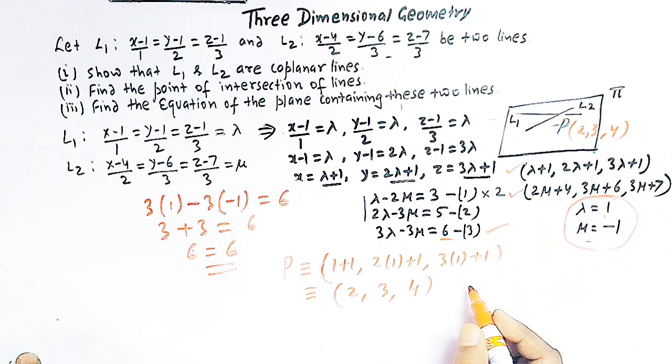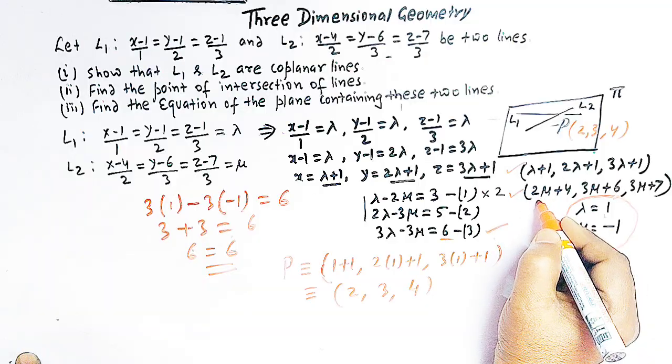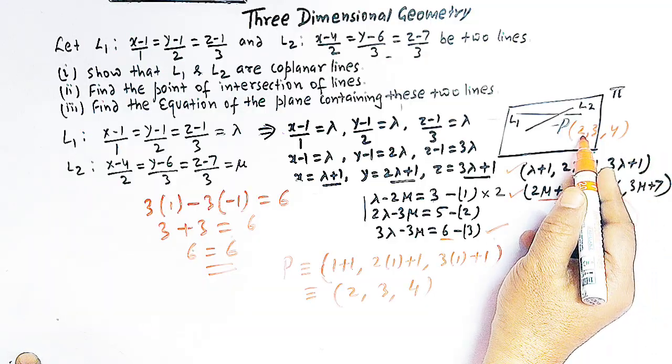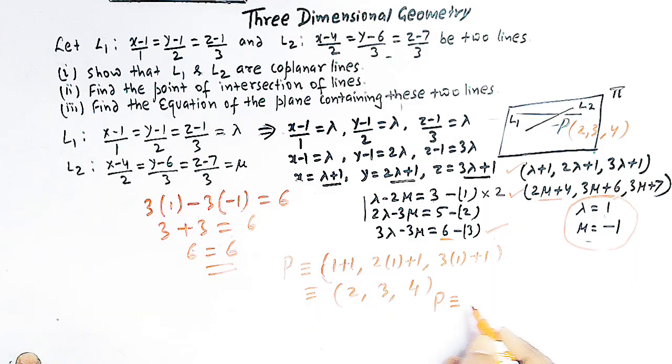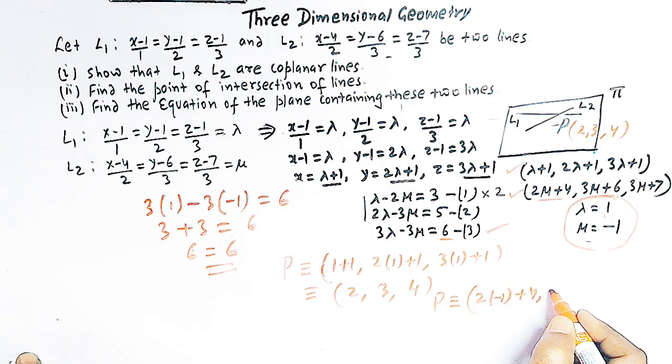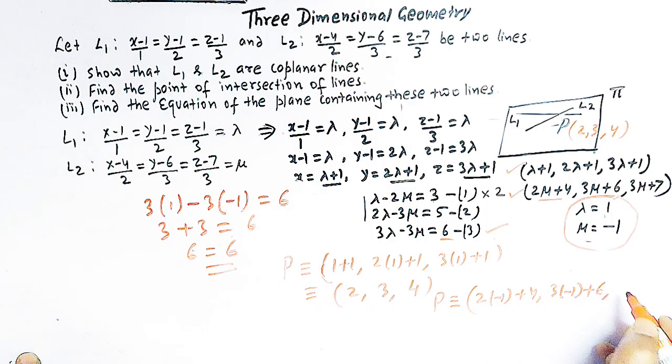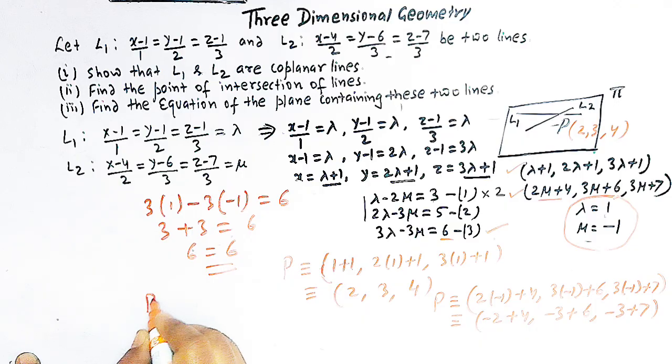Now if we take the value of mu as minus 1 in this coordinate, then also we'll get the same coordinate, right? Let us substitute mu is equal to minus 1. So we have minus 1 plus 4, then minus 1 plus 6, and then 3 times minus 1 plus 7. So we have minus 1 plus 4, which is 3... and the coordinates of the point P are 4 minus 2 is 2, 6 minus 3 is 3, and 7 minus 3 is 4.